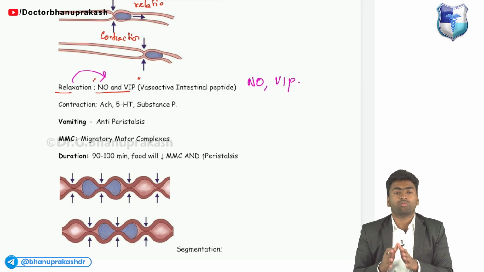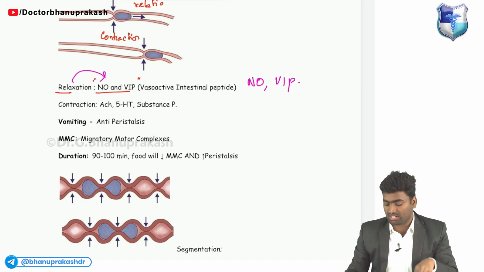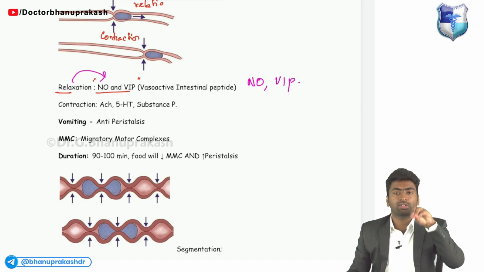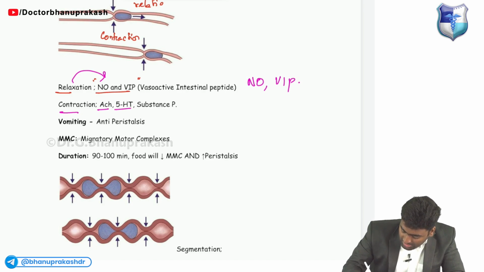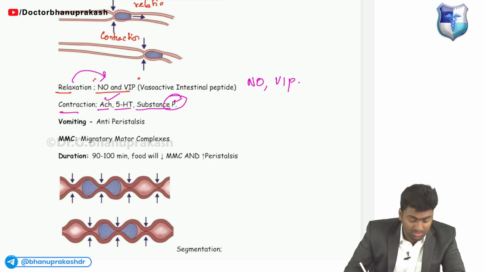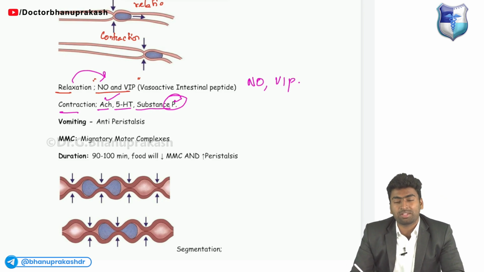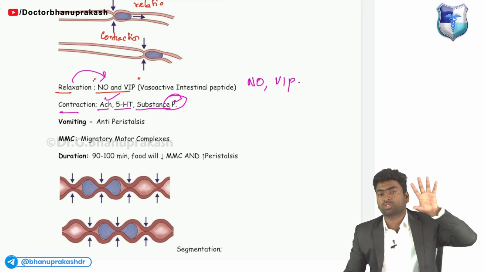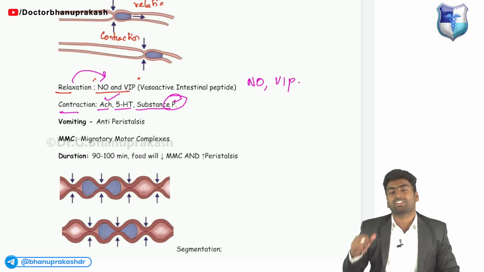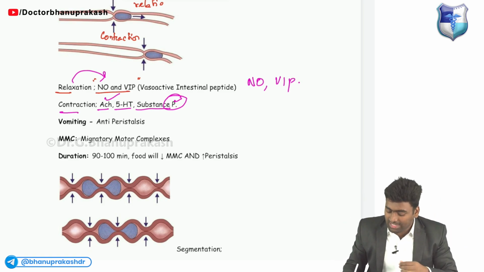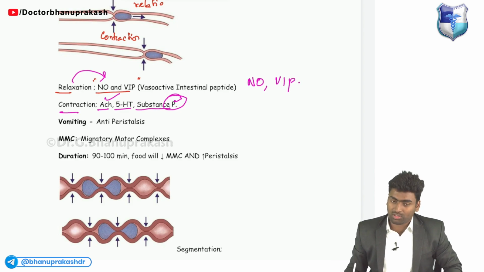So remember, it is NO VIP for relaxation. Whereas for contraction, it is acetylcholine, IH3 and substance P. Remember mainly acetylcholine and substance P, which cause contraction, whereas relaxation is done by nitric oxide and vasoactive intestinal peptide.